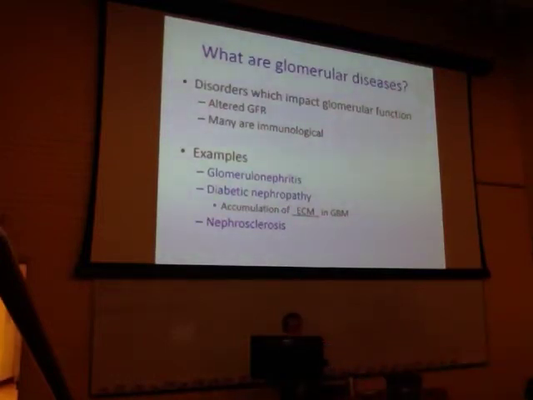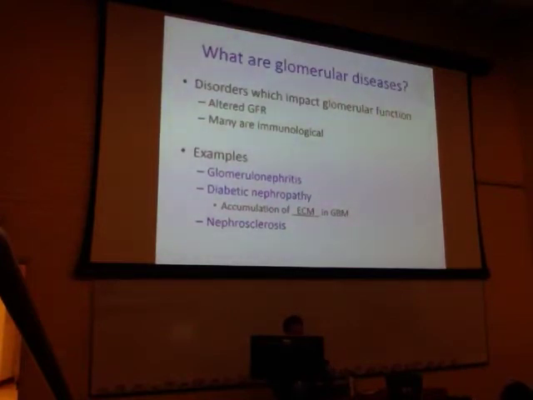Some of the examples that we're going to look at: glomerular nephritis, diabetic nephropathy, and nephrosclerosis. So glomerular nephritis is basically an inflammatory disease that really starts at the level of the glomerulus.